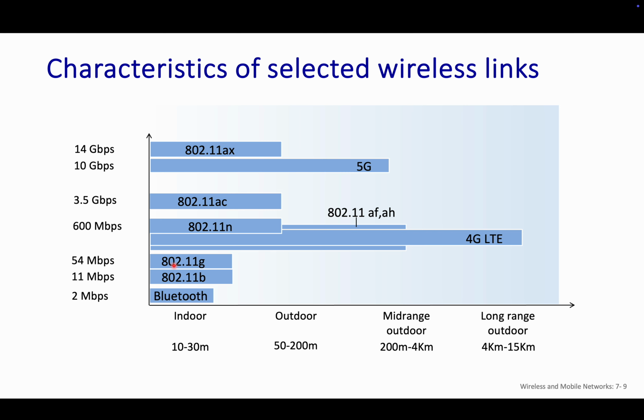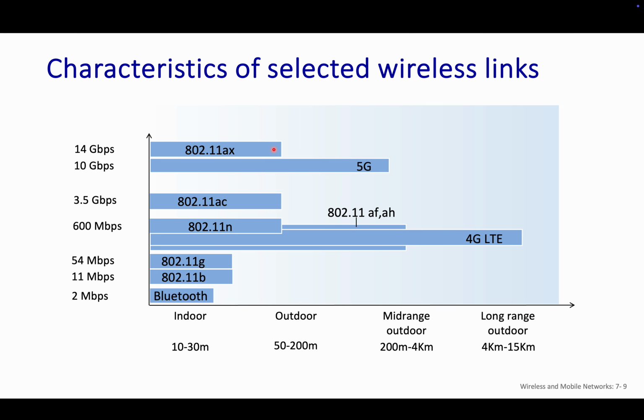But anyways, you see that a lot of the Wi-Fi has lived in the indoor domain, as you'd expect, right? Wi-Fi is not typically widely deployed in outdoor settings. It can be, but it doesn't work super well, and it's just not really meant for that or used often for that.